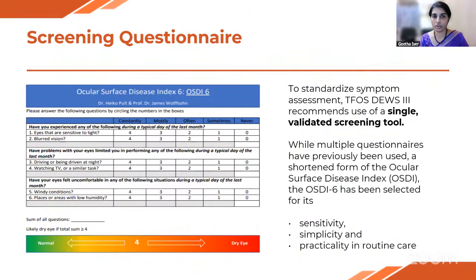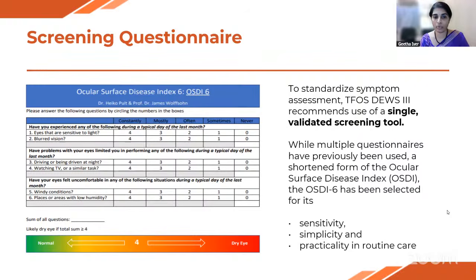The screening questionnaire is a little different in DEWS 3. It is called the OSDI-6, the Ocular Surface Disease Index 6, which has been formatted to standardize symptom assessment, and TFOS DEWS 3 recommends the use of a single validated screening tool. When you look at the questions, you can understand that it has been selected for its sensitivity, its simplicity, and its practicality in routine care.